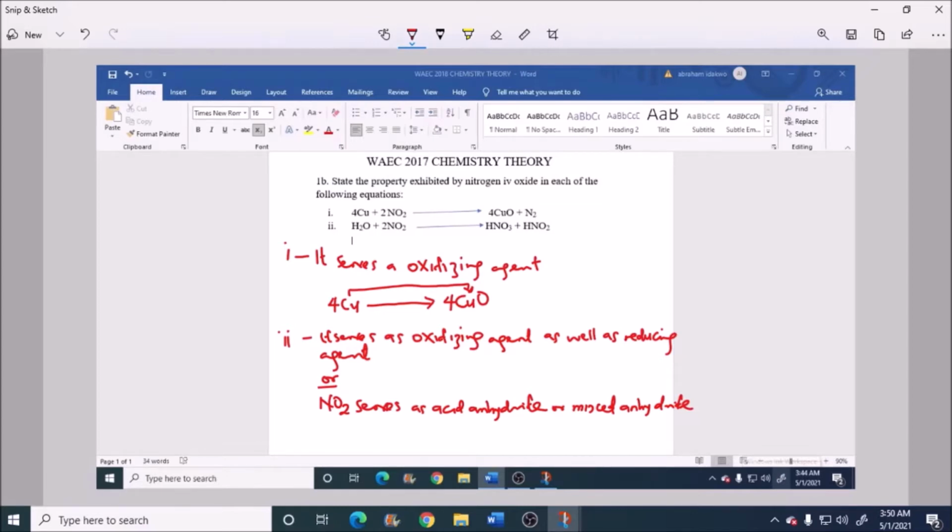This is the answer to question 1B in WAEC 2017 chemistry theory, where we had to state the properties exhibited by nitrogen 4 oxide in each of the following equations.